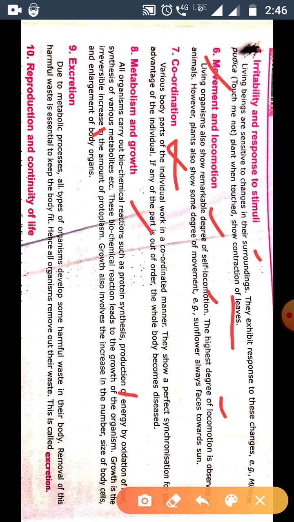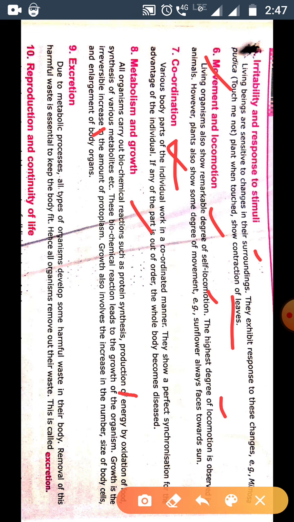Within the cell, in the presence of oxygen, they oxidize, and after that nutrients are absorbed by the protoplasm. Automatically they metabolize.